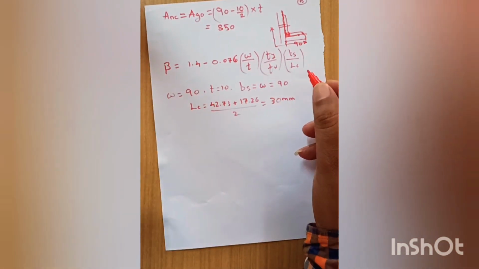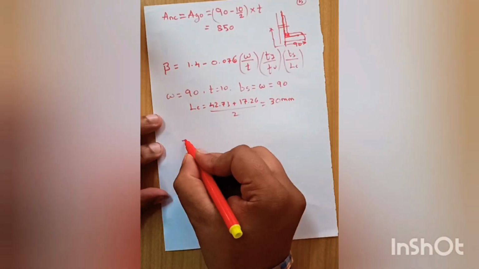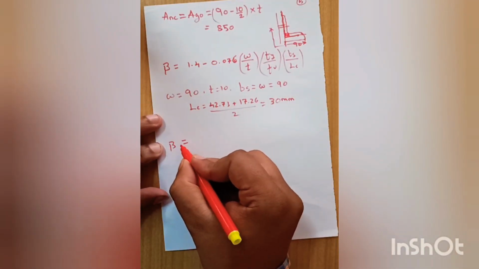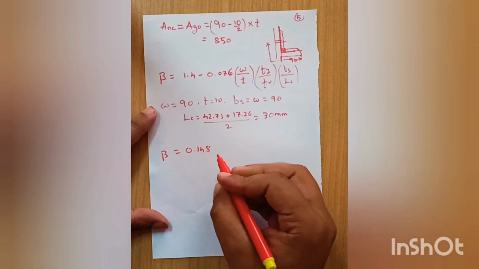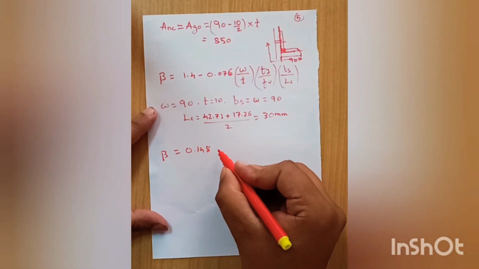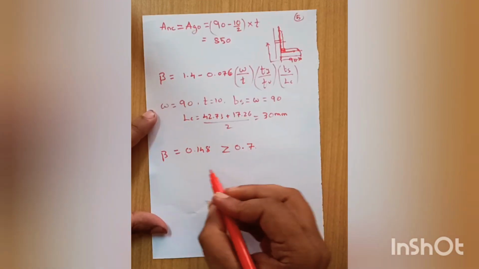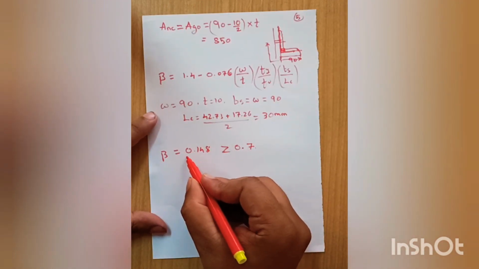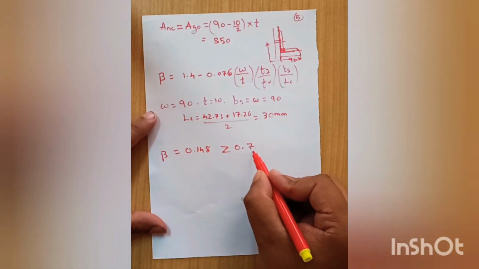So substituting all these values, we will get the value of beta, which comes around 0.148. But the condition for the value of beta is it should be greater than or equal to at least 0.7. In this case we got the value of beta as 0.148. It has to be greater than 0.7.